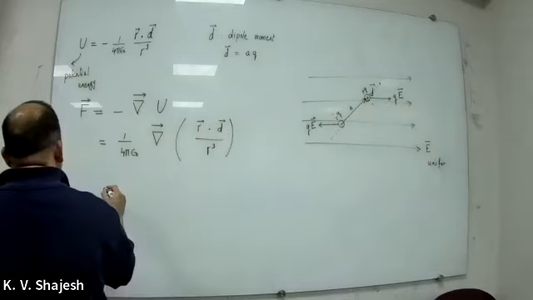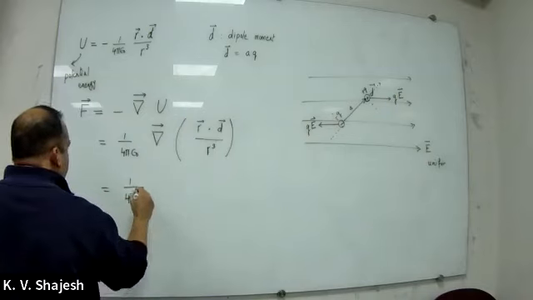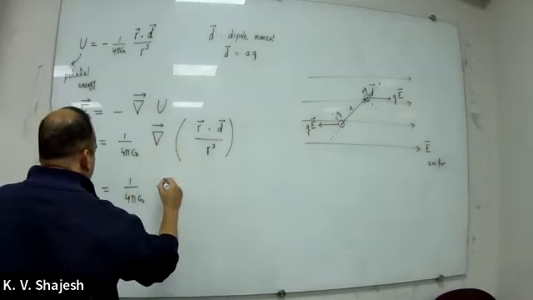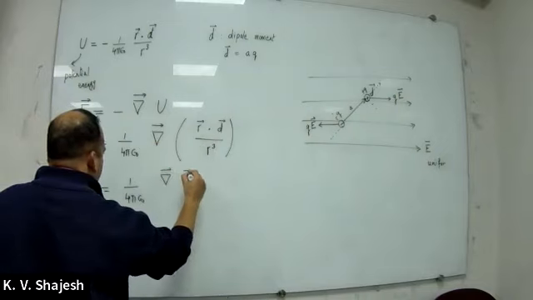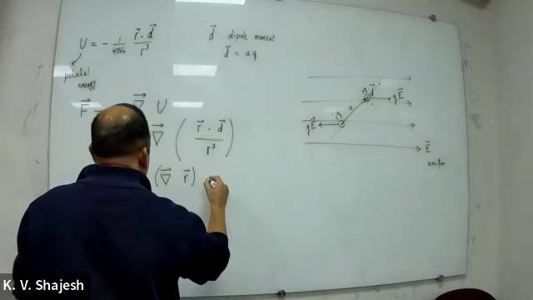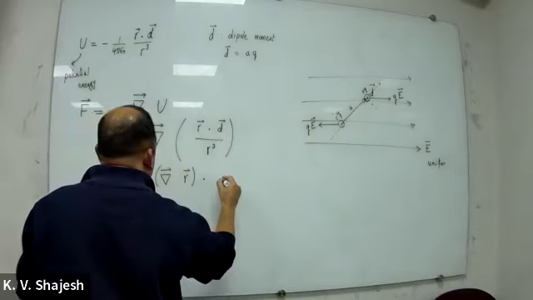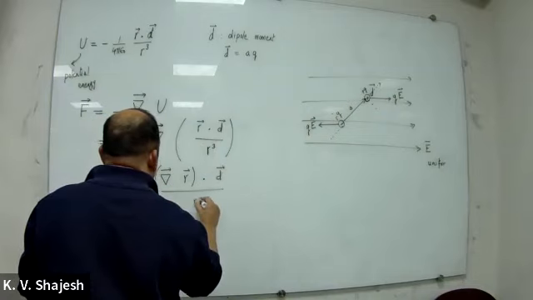So evaluate that. I have 1 over 4 pi epsilon naught, and this operates on R, that's the gradient of R, right? Remember, this is a dyadic, right? And dotted with D over R cubed.